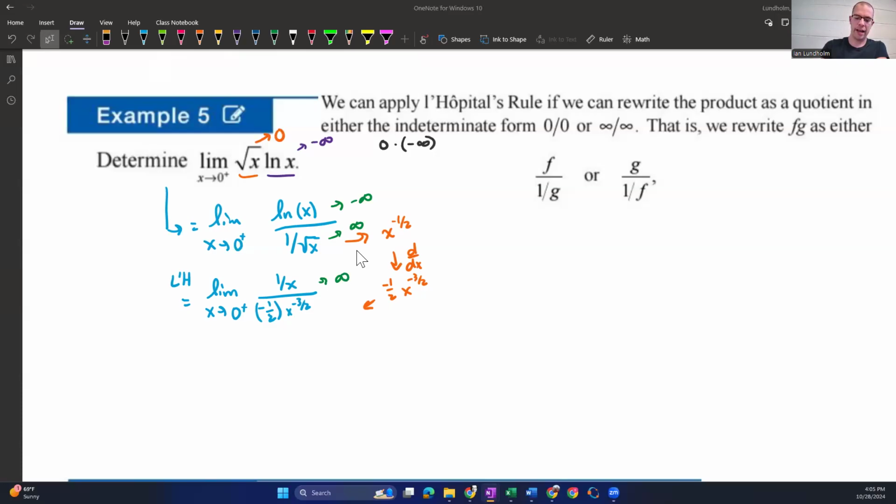Yes, this looks like infinity over 0 to the negative 3/2 power. It's kind of weird to think about.